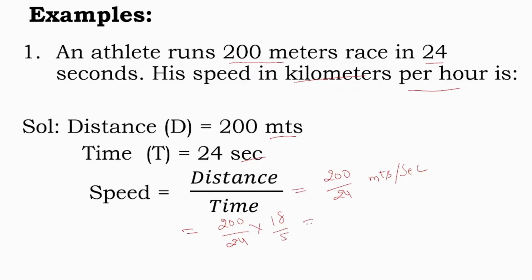See here the cancellation: 6 4s are 24, 5 4s are 20, 50 is 5 10s, 10 3s are 30. What is this? Kilometers per hour. So the relation is usually 18 by 5. This value is useful to get the answer within a short period of time.